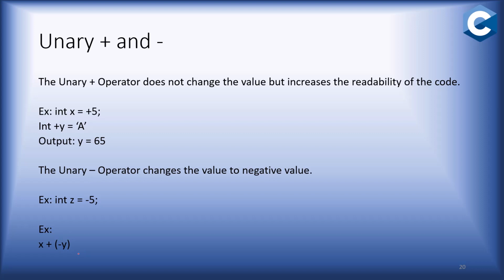Both unary plus and minus have higher precedence than most arithmetic operators. So, in the expression a plus minus b, the unary minus is applied to b first, then the addition happens. Be careful not to confuse unary plus minus with the regular plus minus signs used in arithmetic expressions. They have different purposes and behaviors.